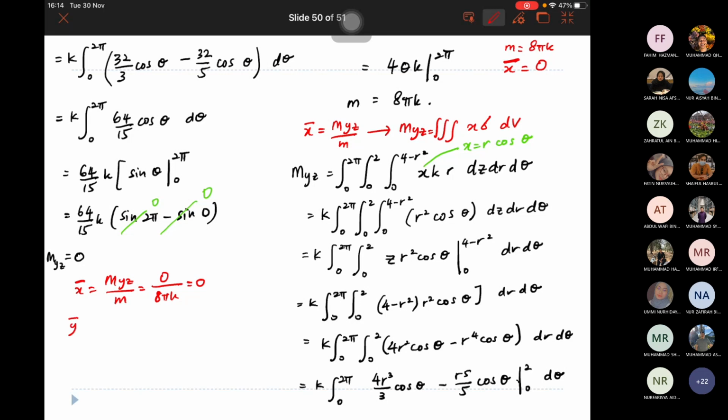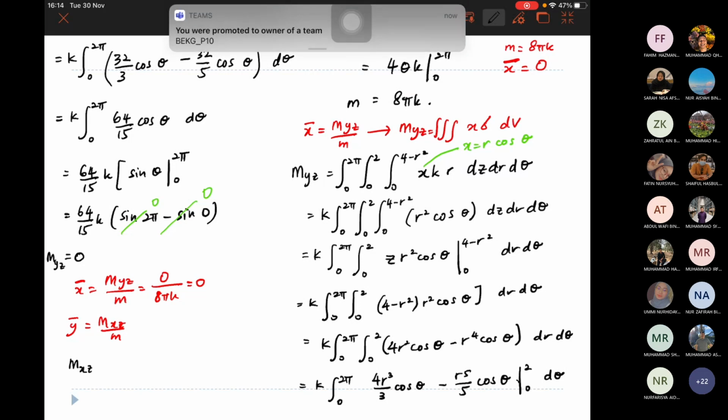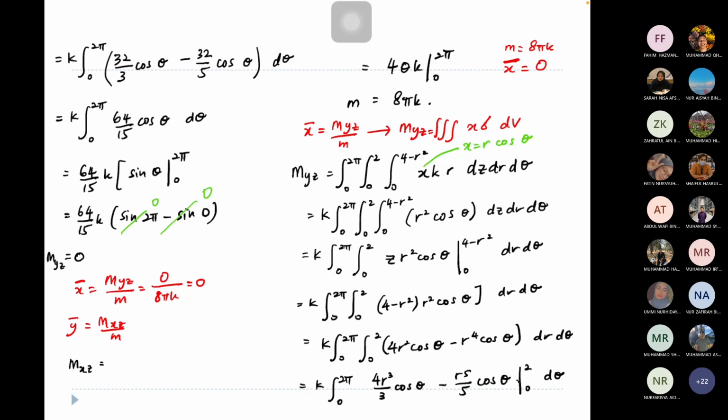So kira pula Y bar. Y bar is equal to MXZ divided by M. MXZ akan sama dengan integrate kosong sampai 2 pi, kosong sampai 2, 4 tolak R squared, MXZ.